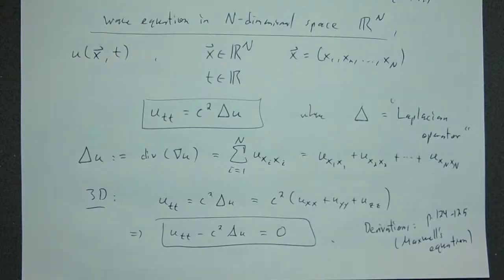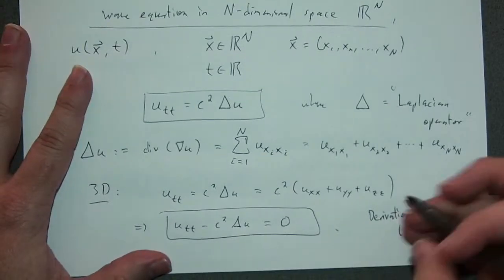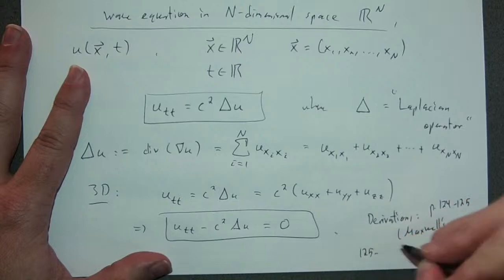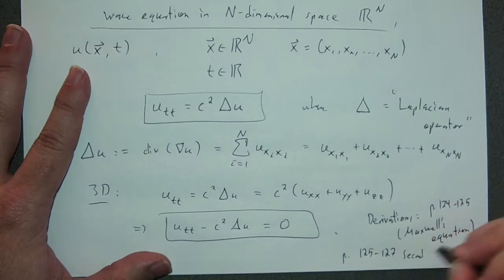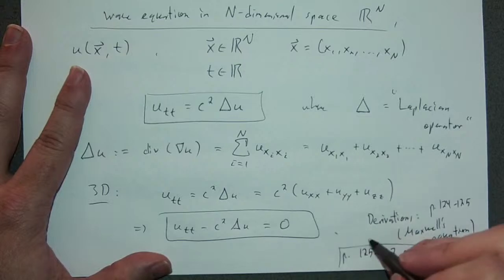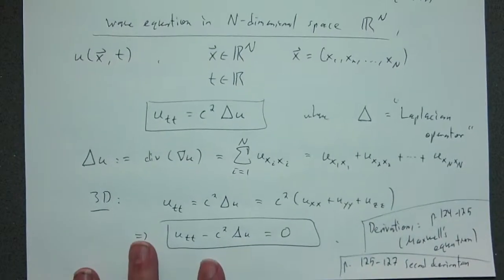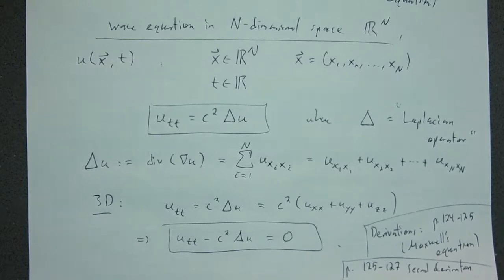There's another derivation that's done right after that, on pages 125 to 127-ish, a second derivation that does not use Maxwell's equations. So in the event that you feel like using Maxwell's equations is too much machinery or too high powered, you can have a look at another derivation if you like.